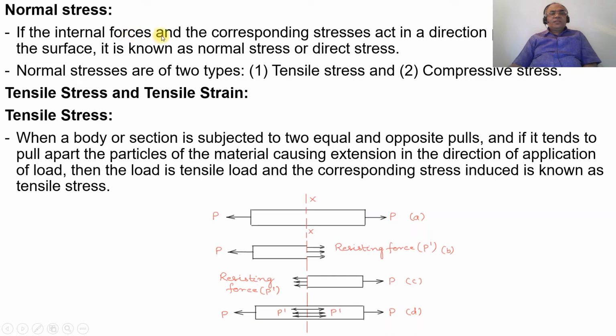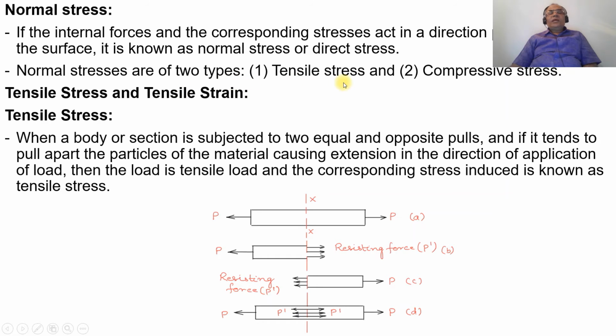You can see here the force is acting in this direction, which is perpendicular to the surface. So this is the surface we are talking about. This surface is perpendicular to the vertical plane. Perpendicular to the surface, it is known as normal stress or direct stress.